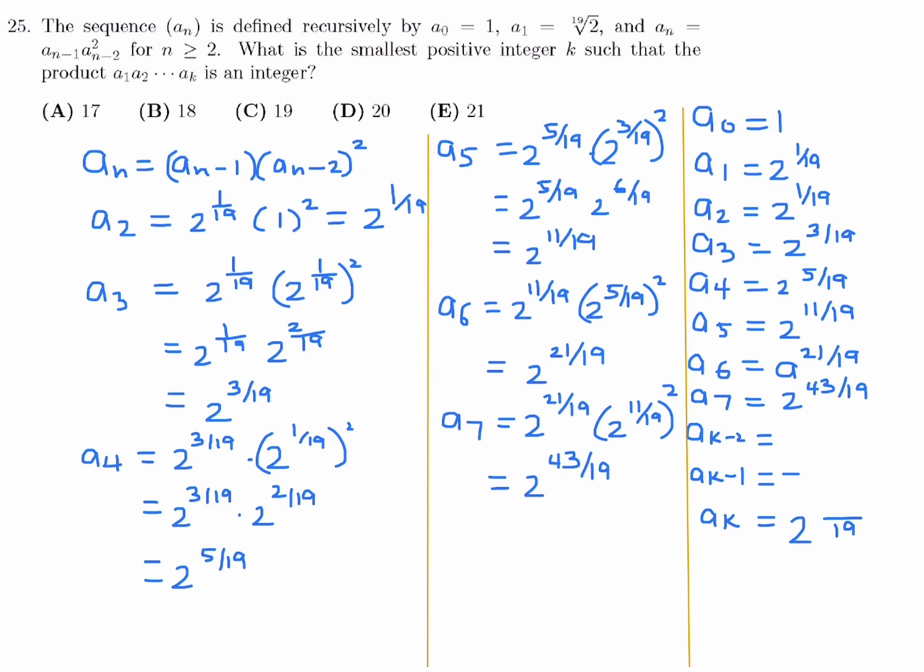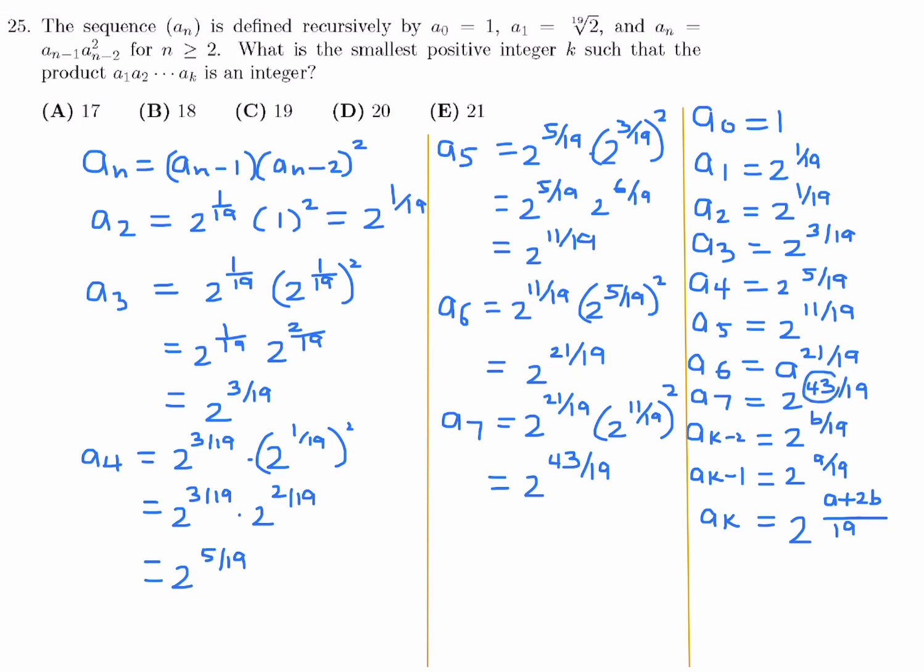So for example, let me explain what I mean. Let's say a_{k-1} is 2 to the power of a over 19, and a_{k-2} is 2 to the power of b over 19. When you do a_k, it looks like it's going to be a plus 2b.